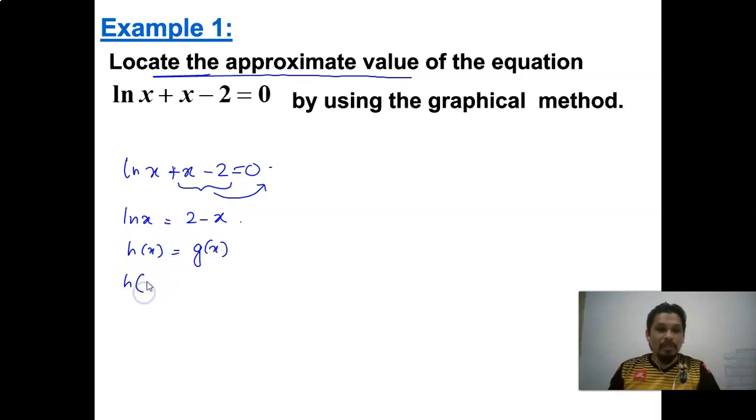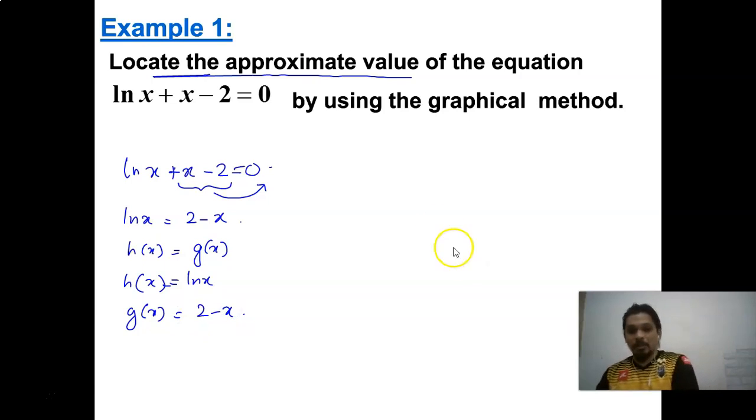We define h(x) equal to natural log of x and g(x) equal to 2 minus x. And next, using the graphical method, let's sketch the graph of this.